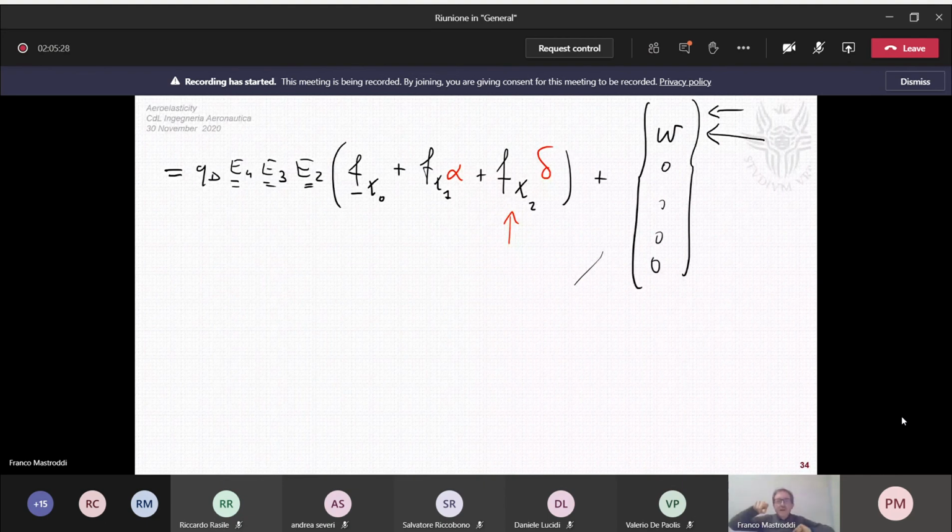So I should write here the aerodynamic moment. Excuse me, I should write here the contribution to the moment of the gravity force. So the question is, what about the contribution of the weight onto the pitch?